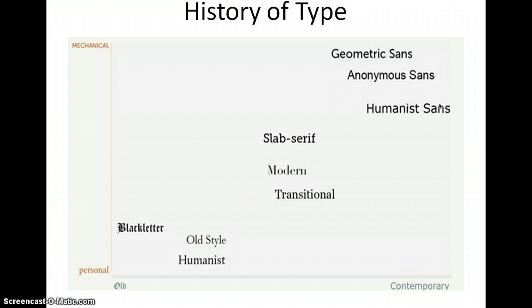Then when you go on to the contemporary time, it's more mechanical, with geometric sans, grotesque sans, and humanist sans. At the middle of old and contemporary time, you have this transitional type, a transition between the old and the contemporary type. So that's pretty much what I want to talk about on this one.